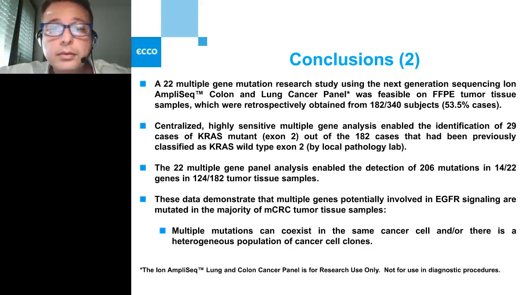The last and most important point is that we show that by using this panel we can select those tumors that are really resistant to anti-VEGF receptor monoclonal antibody because they carry KRAS, NRAS, and maybe also BRAF or PI3 kinase mutations.